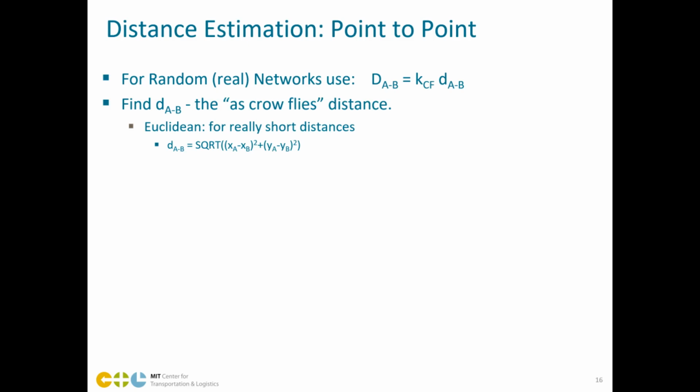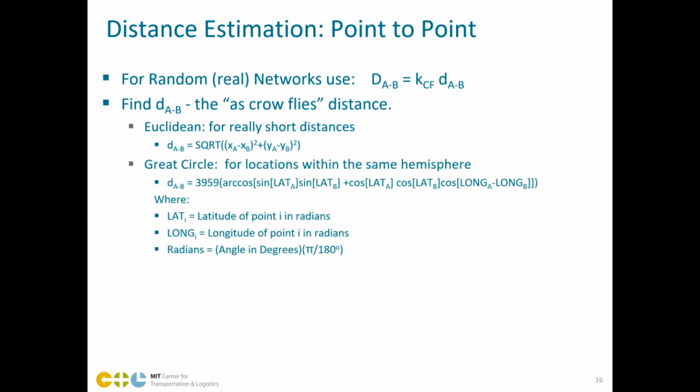For longer distances, though, you have to recognize we're on a sphere. We have to use the great circle equation. And this is for any location that is more than 15 miles, 20 kilometers, something like that, anything that's large and within the same hemisphere. And so you see the equation here. It uses sines and cosines and arc cosines, and it uses the latitudes and longitudes.